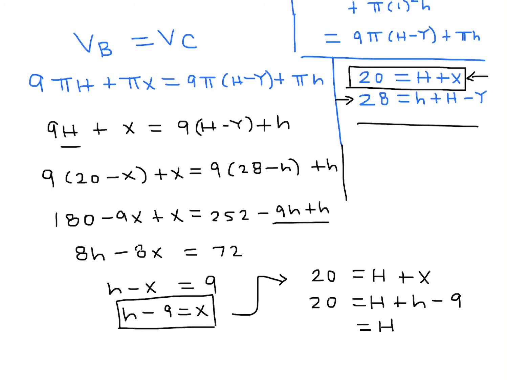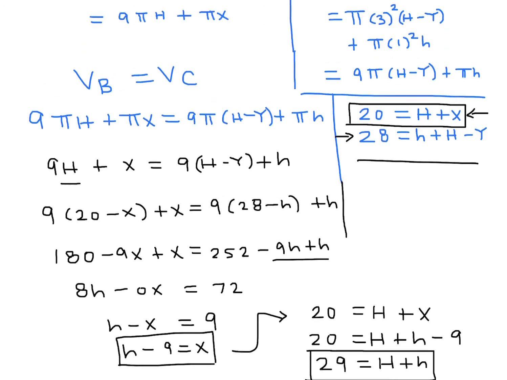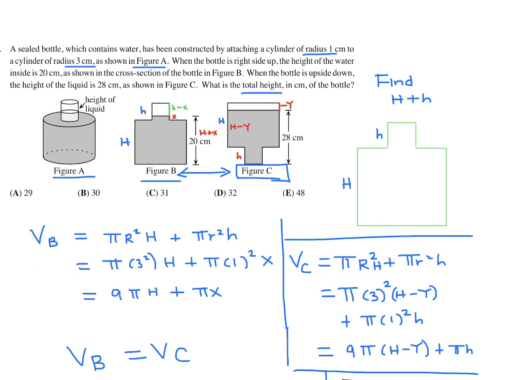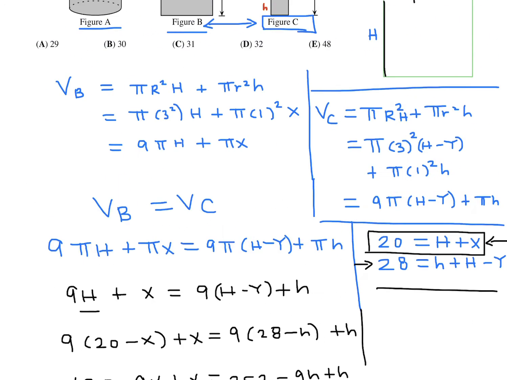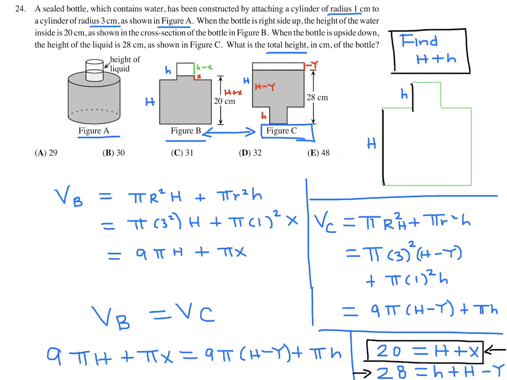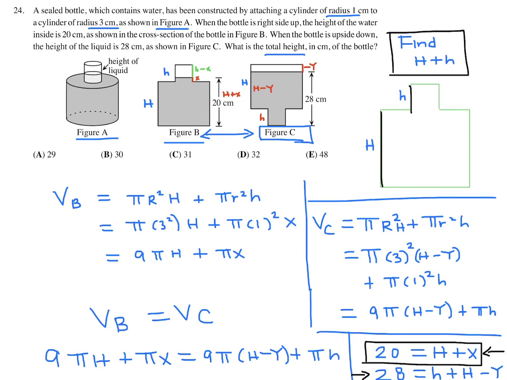And therefore, h plus h is equal to 29. All right, great. And that, if you remember, was what they wanted us to figure out: find big H plus little h. Big H right here plus little h. And we did that. We got it to be 29. So the answer to number 24 is A.